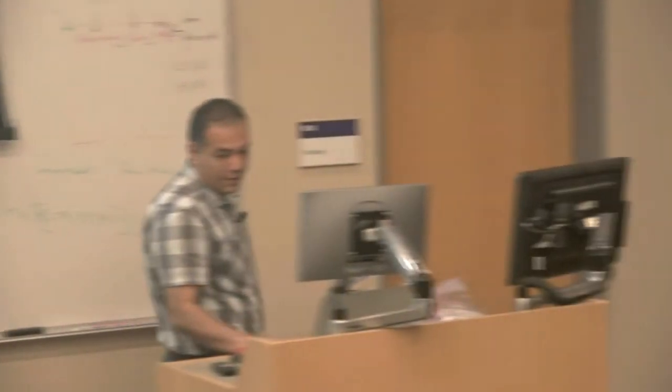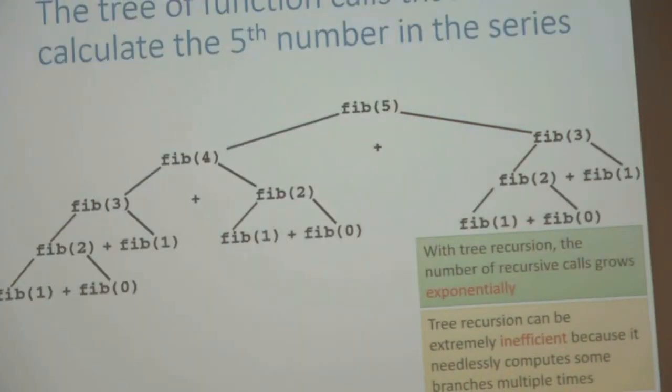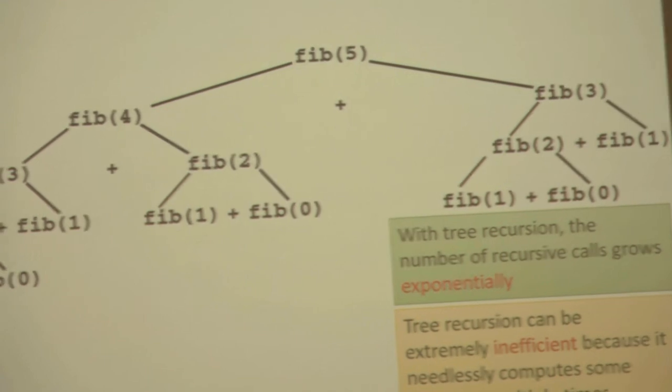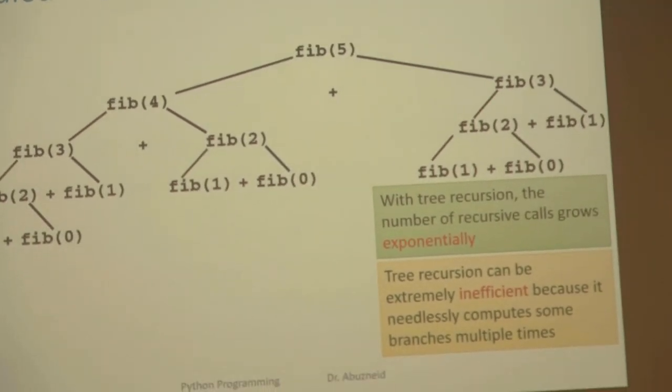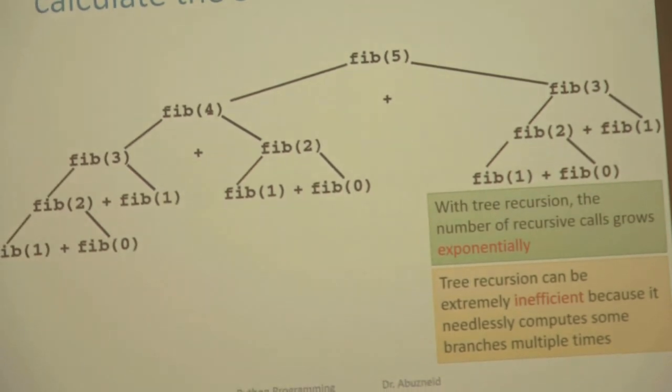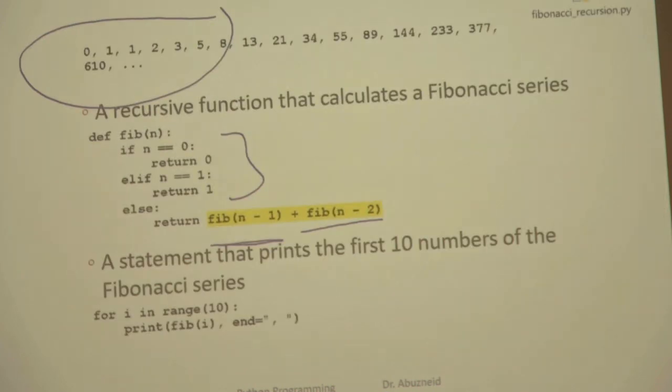So take the example in here. If I need to calculate fib 5, what does it mean? I need to calculate the first 5 elements. So it will be 0 plus 1, and then 1 plus 1, 2. This is how many? 4, right? 0, 1, 1, 2. Then 1 plus 2, 3, right? So if I need to calculate up to 5, it's 0, 1, 1, 2, 3.